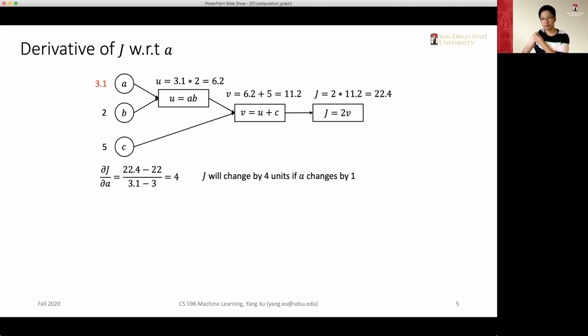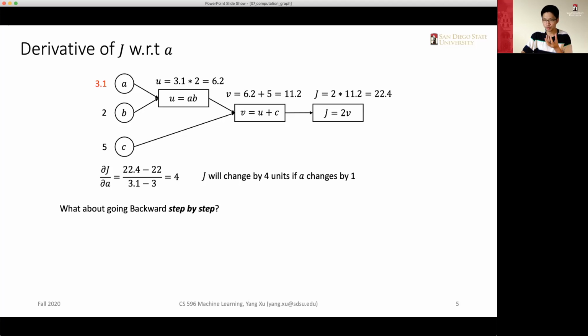Then we can think of the problem in a more stepwise style. We can actually use the chain rule in computing derivatives, which lets us compute the derivatives in a backward style, step by step.